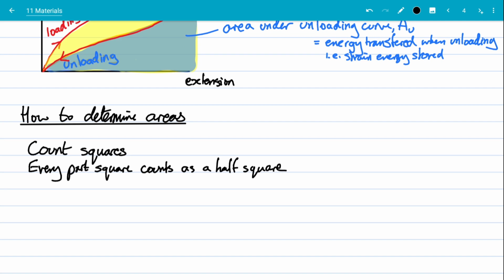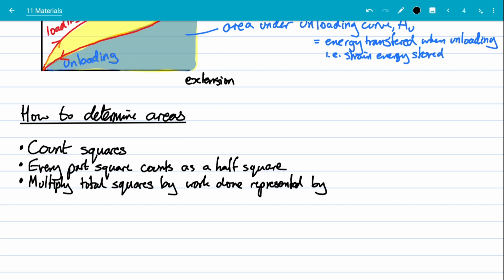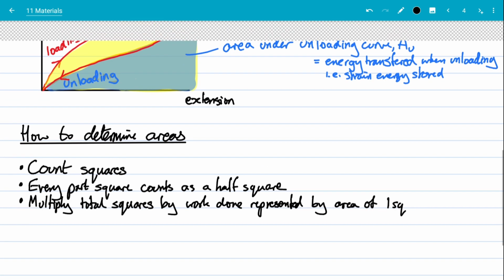So we figure out how many squares we've got, and then we need to multiply that number of squares by the work done represented by a single square. So multiply total squares by work done represented by area of one square. And how do we know what that is?